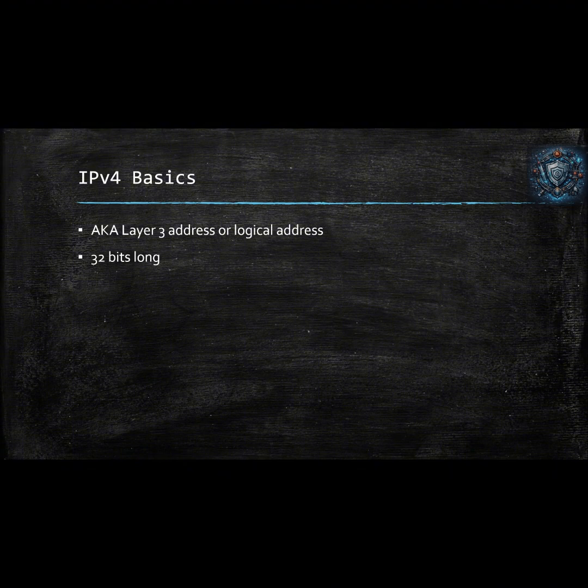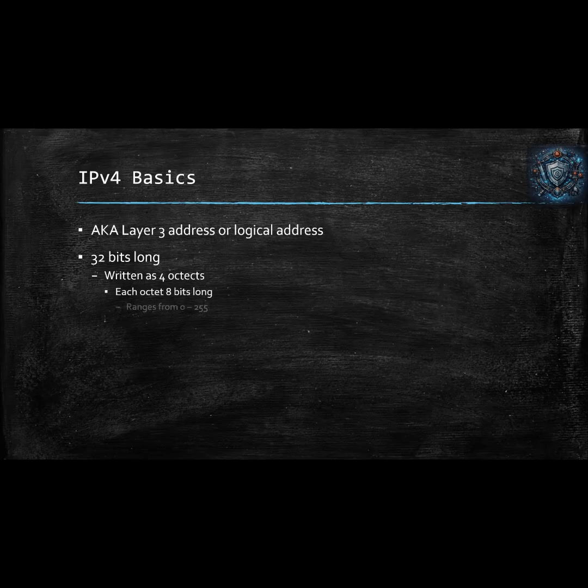Now each address is 32 bits long, no more, no less, and that's written as 4 octets. So if we have the address 192.168.0.4, each of those numbers is its own octet. So 192, that is an octet. 168, that's another octet. 0, that's another octet. And 4, it's our last octet.